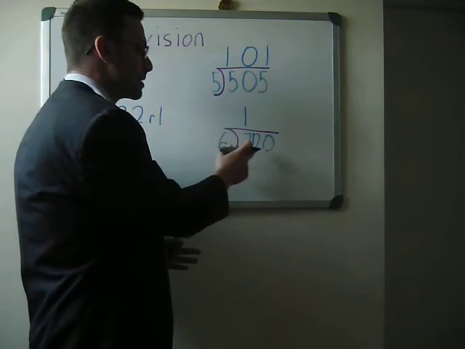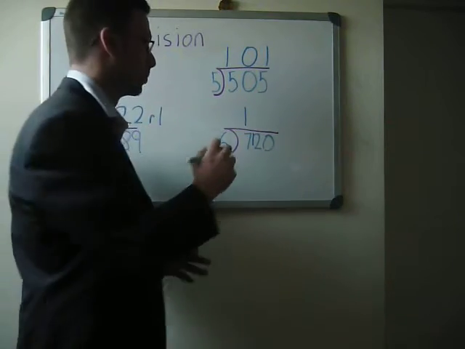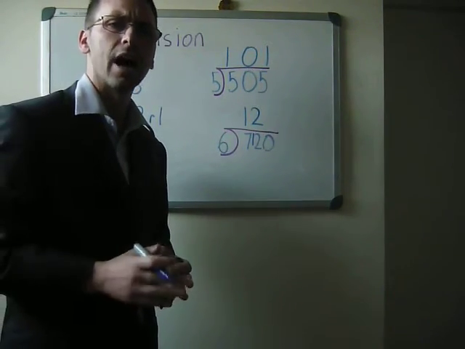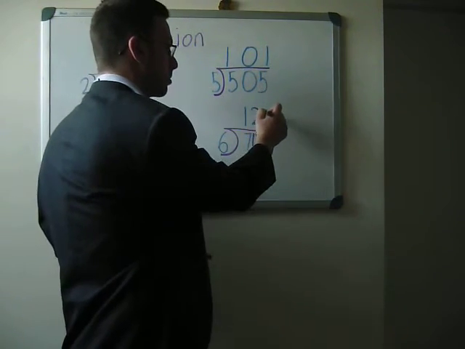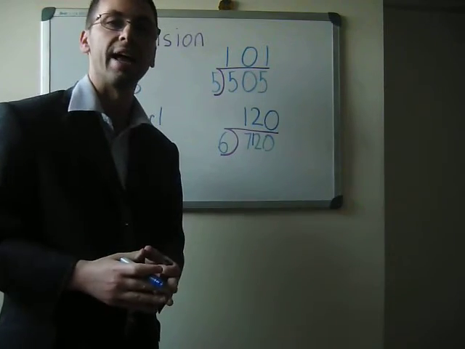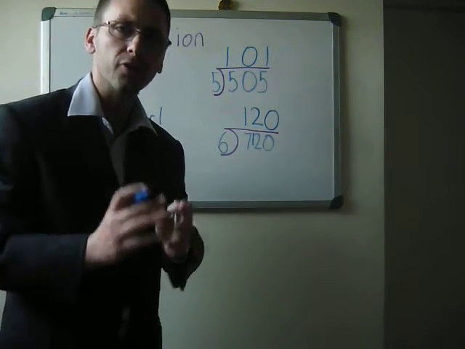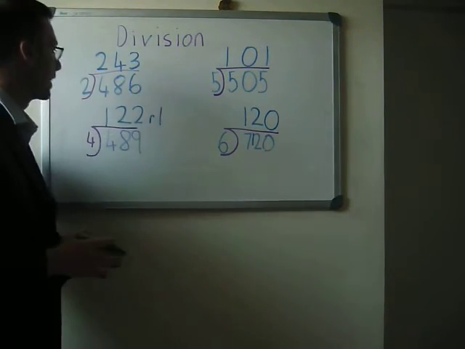How many 6's are in 12? The answer is 2. Thank you very much. Well done. You're doing so well. How many 6's are in 0? 0. 120 is the answer.